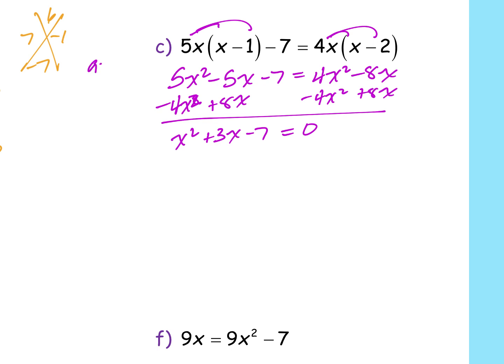So A is going to equal 1, B is going to equal 3, and C is going to equal negative 7.